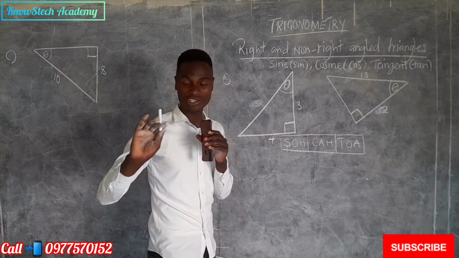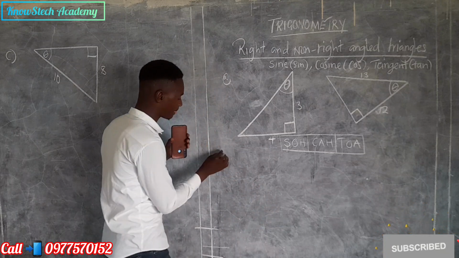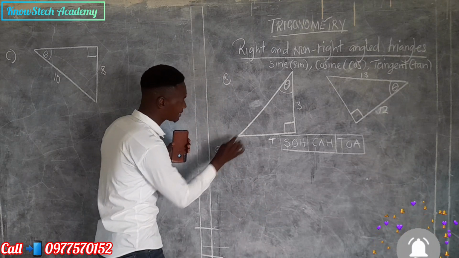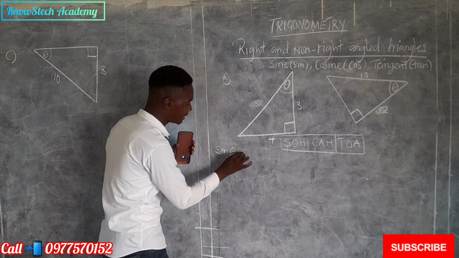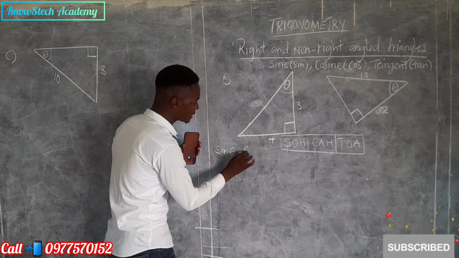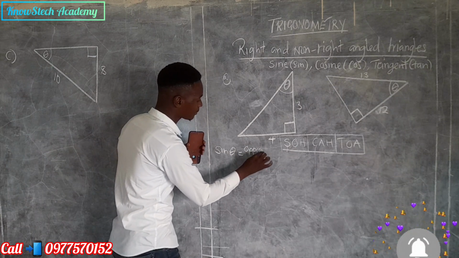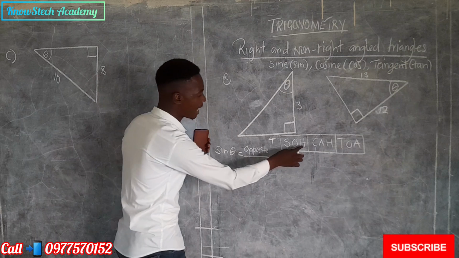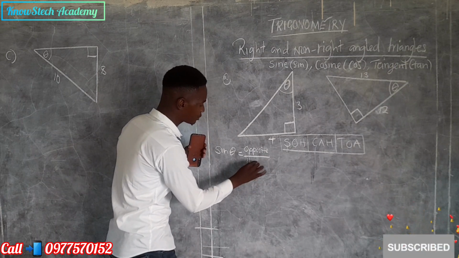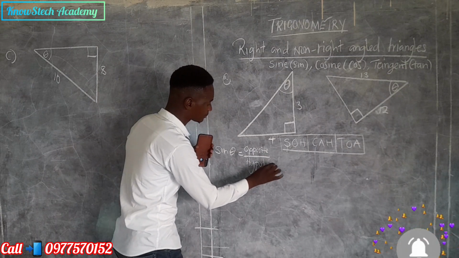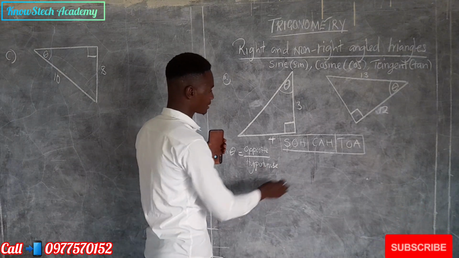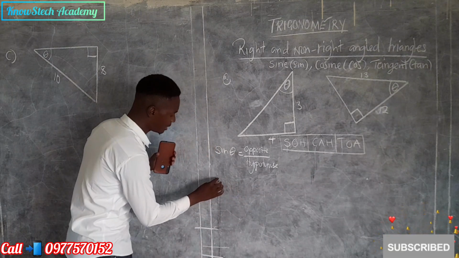Therefore, the trigonometric ratios are: sine theta, sine of angle theta, is equal to opposite over hypotenuse.